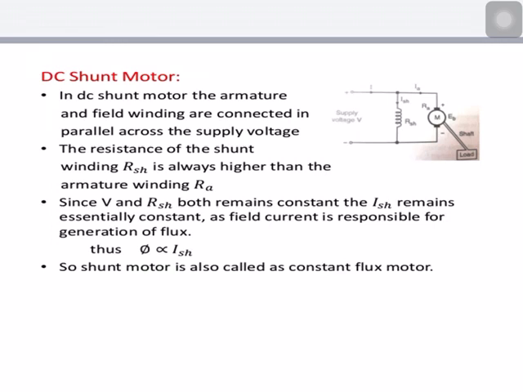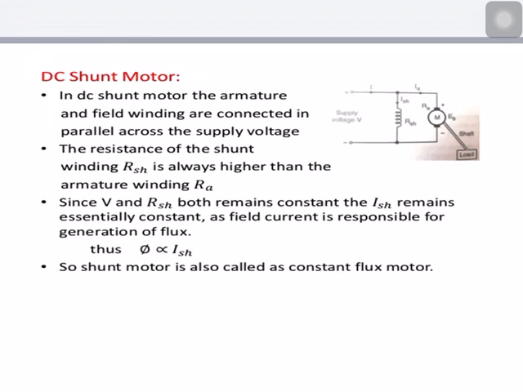Now coming to the characteristics, first let us take the DC shunt motor. In a DC shunt motor, the armature and field winding are connected in parallel across the supply voltage, and the resistance of the shunt winding RSH is always higher than the armature winding RA.